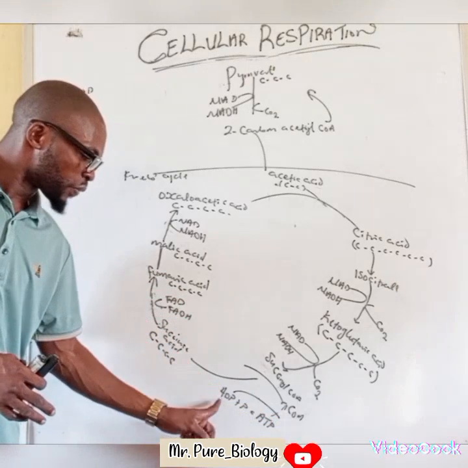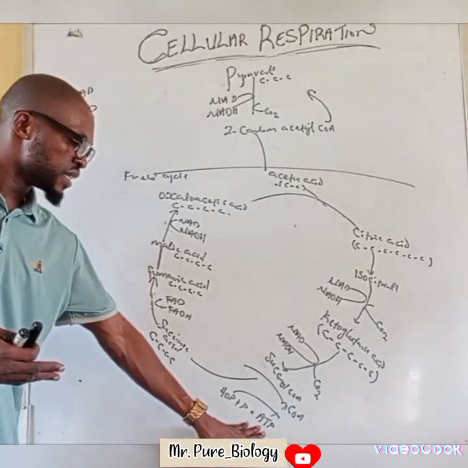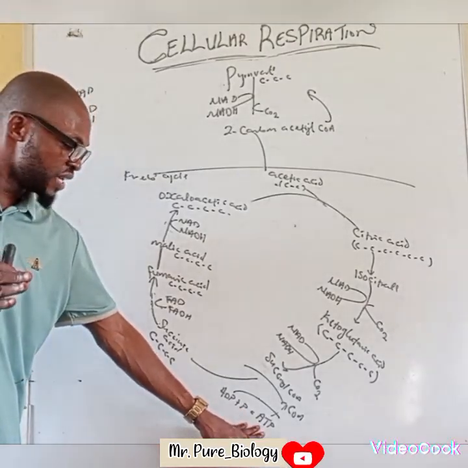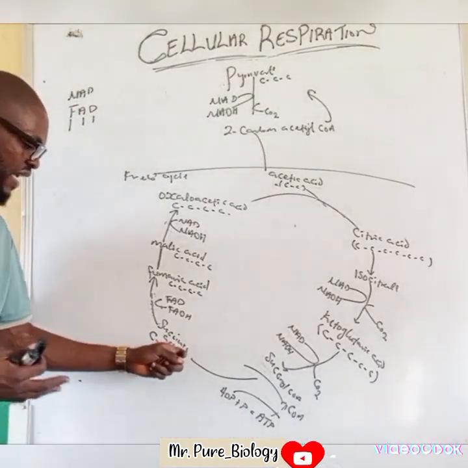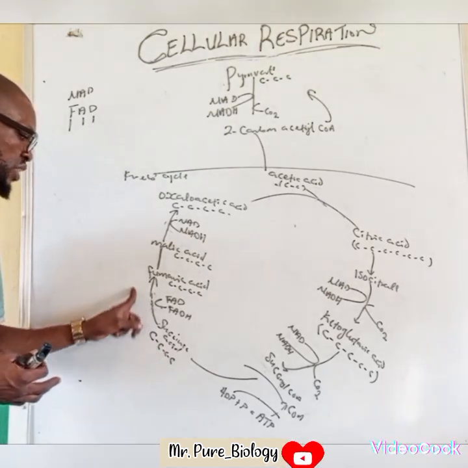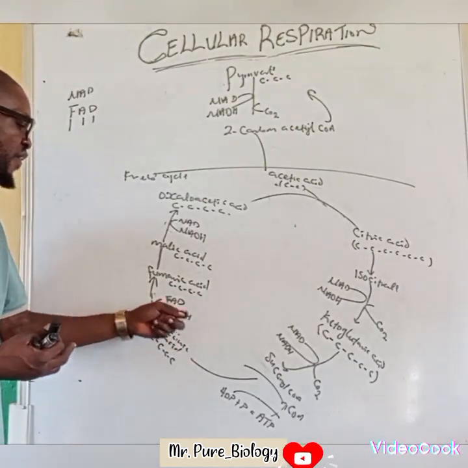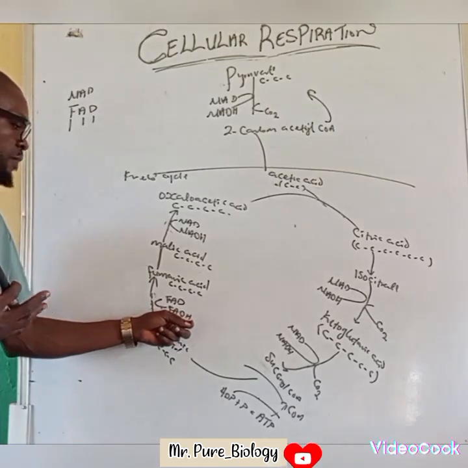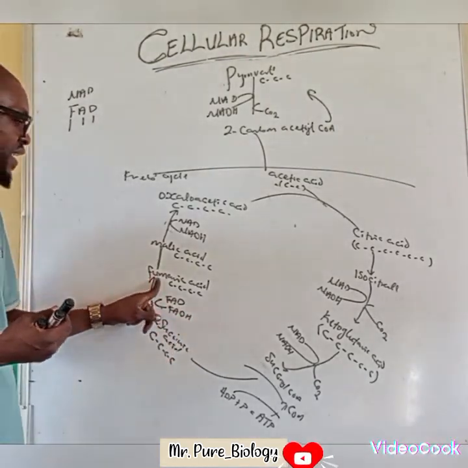After the ADP has reacted with a phosphate group, there is a production of ATP. Now we have what we call succinic acid, the 4-carbon acid. Succinic acid will also reduce to fumaric acid as a result of removal of a hydrogen atom. So after the hydrogen atom has been removed from this, fumaric acid will form.